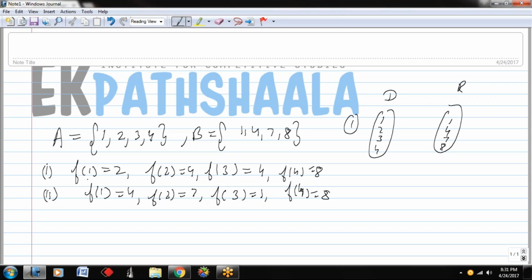So 1 पे 1 है, the value is 1. 2 पे the answer is 4, 3 पे answer is 4, and 4 पे answer is 8. Now this is not a 1-1 function. Reason being 2 and 3 are having the same image.